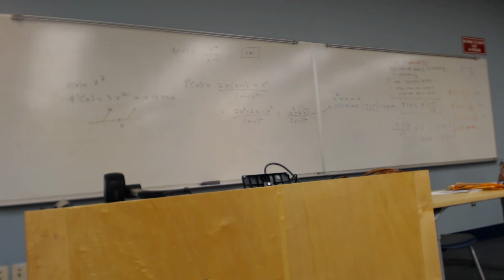These are critical points. Point 1, the derivative doesn't exist, so call it a critical point if you want, but that is not going to be interesting for us because the function is not defined at 1.